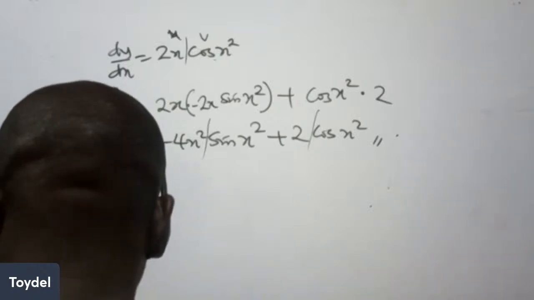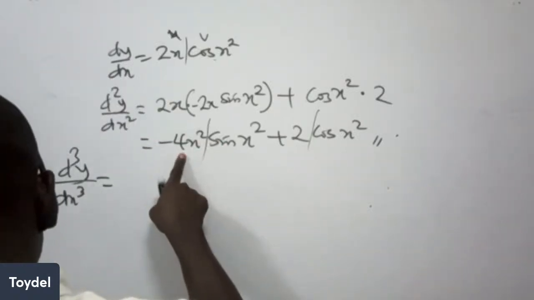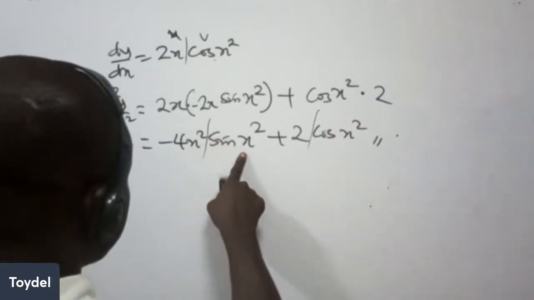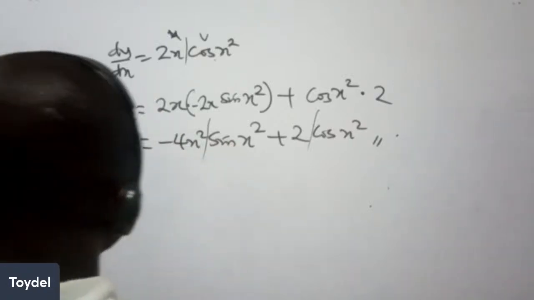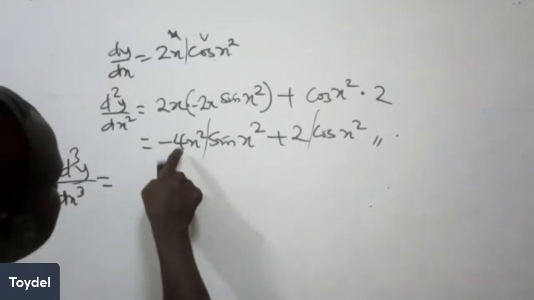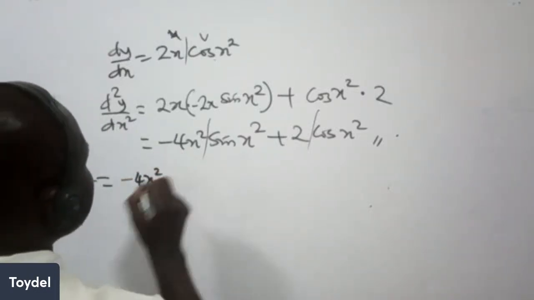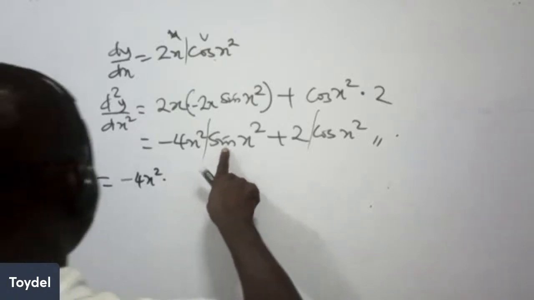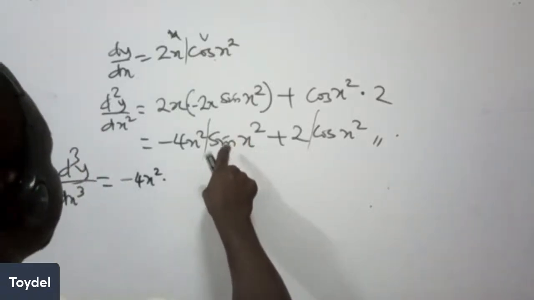So if we do that, what do we get? If I pick this first one, I will differentiate this. I will now come back and pick this, and differentiate this. Let's see what you're going to get. If I pick minus 4x squared, multiplied by, what is sin x squared? Sin x squared is what we are given from the onset.